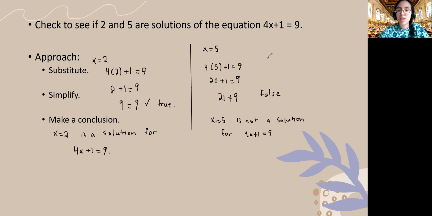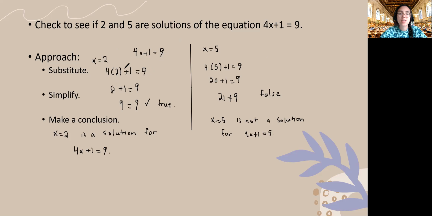Hopefully that made sense. If you have any questions, we can go ahead and answer them. Basically what we did is we were given an equation, 4x plus 1 is equal to 9. We were asked to check to see if x equal to 2 is a solution.